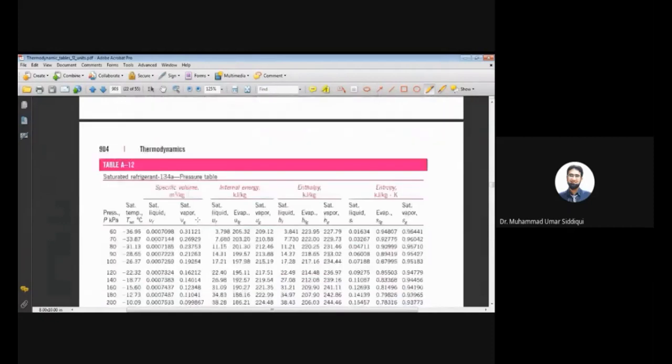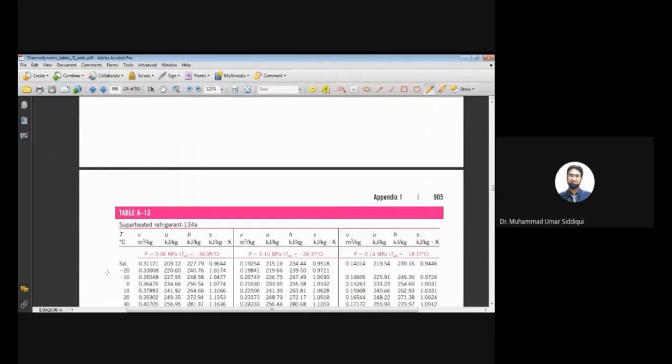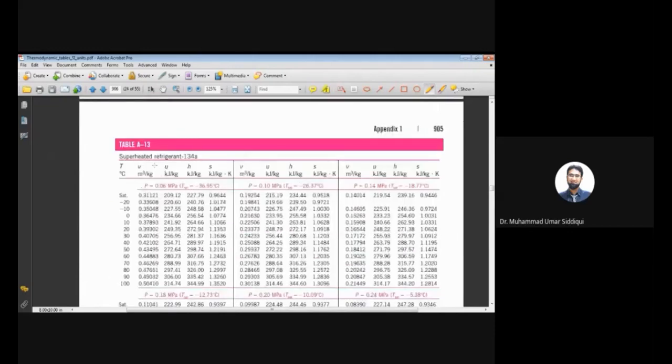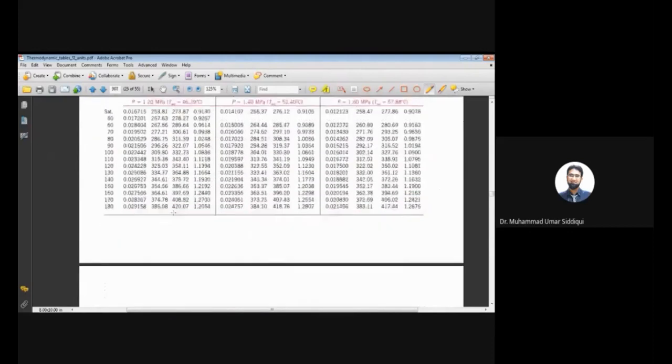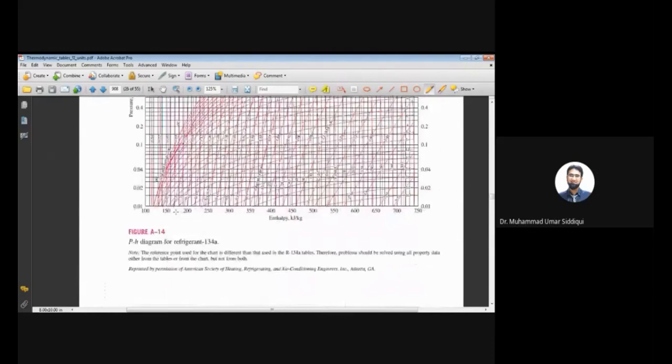Then we have table A12, the saturated R134A pressure table. All the properties of this refrigerant are given corresponding to the pressure in the first column. Then the superheated R134A table, table A13.